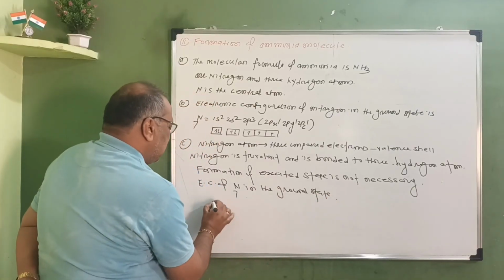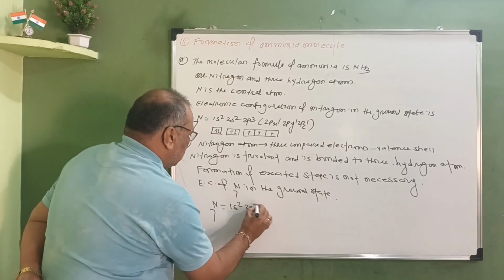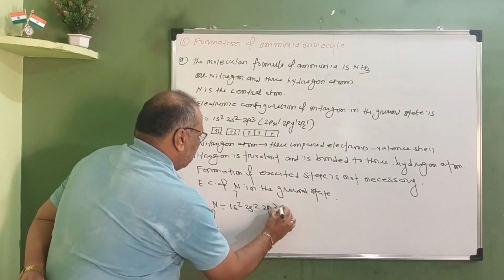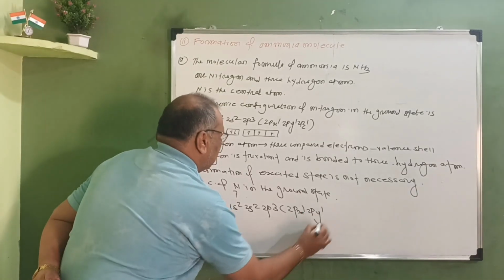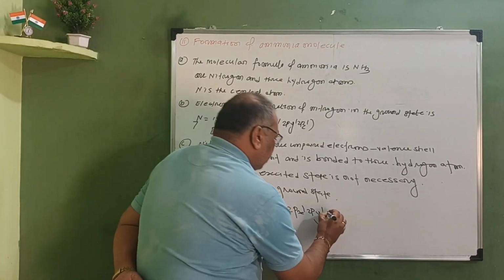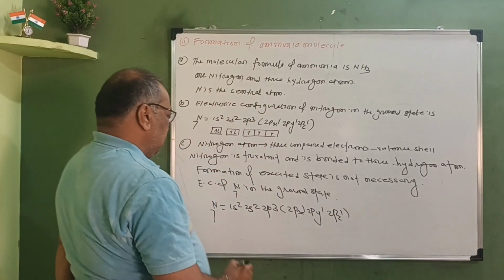That means here N7, 1s2, 2s2, 2p3, that is 2px1, 2py1 and 2pz1 here.